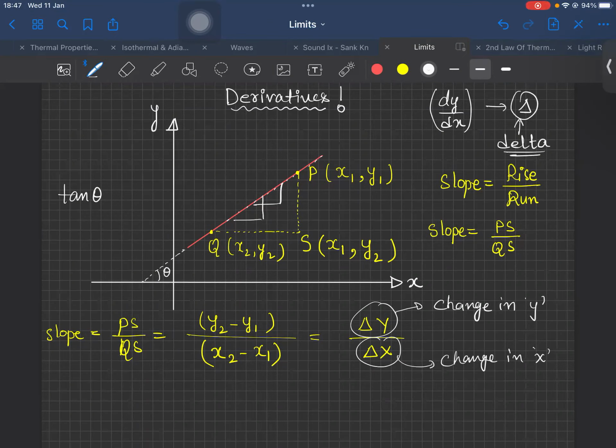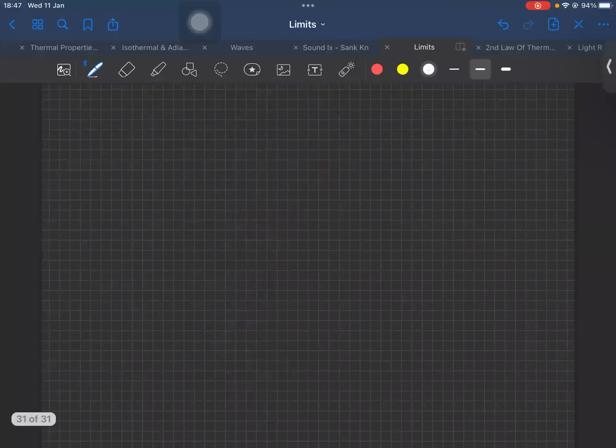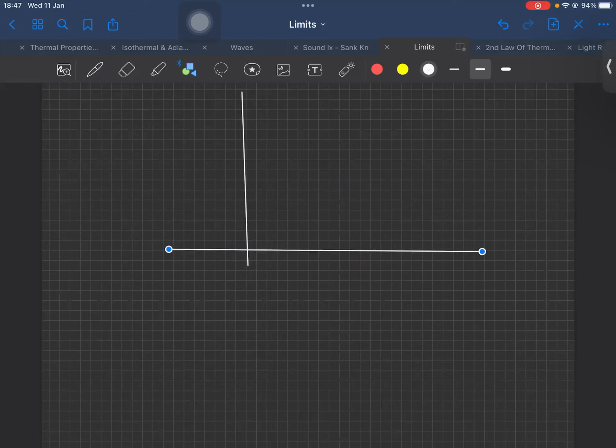All right. Now try to understand it for a curve. See, all functions are not straight lines, right? We know that. This is y and x. Now let's say we have some function like this. Something like that.